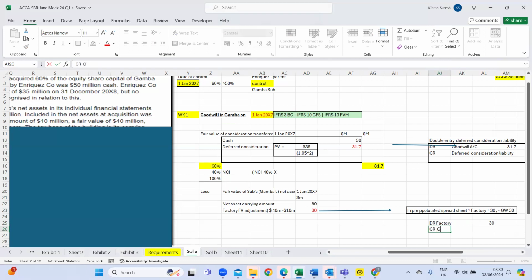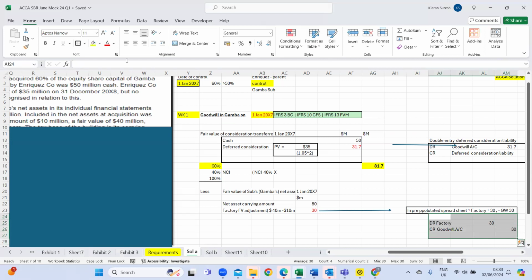Goodwill would be decreased, credit 30. That is the double entry for this. I hope it's clear. For any entry taking place at the acquisition date, the corresponding entry has to be goodwill. Earlier the corresponding entry was goodwill, and here the corresponding entry is goodwill.